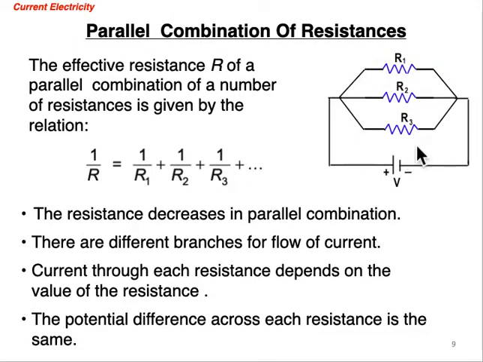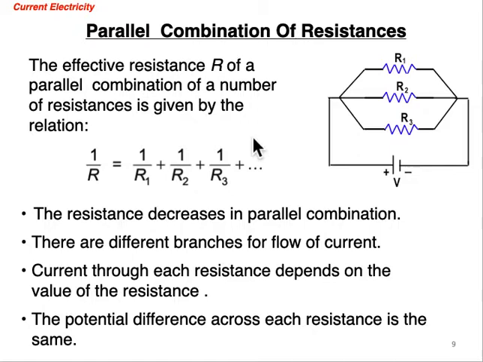This is a diagram which shows three resistances R1, R2 and R3 in parallel. In a parallel combination, one end of each of the resistances is connected to a common point and the other end to another common point. Now here we have different paths for flow of current. The paths are through R1, through R2, through R3.